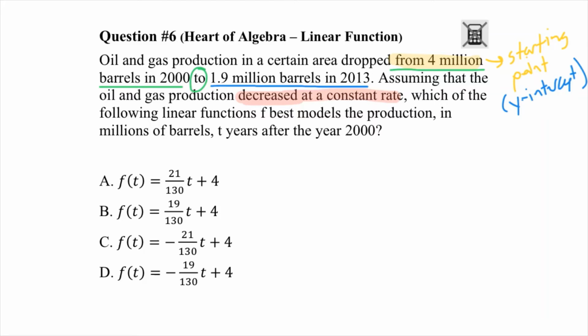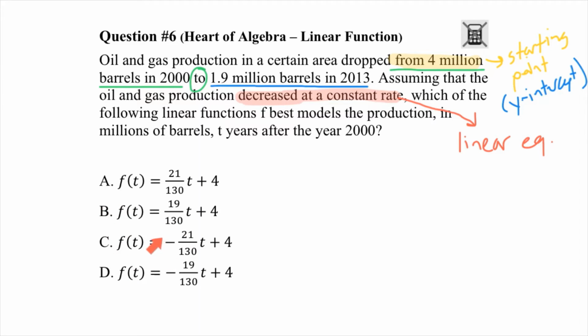Okay, constant rate is also very important. So if you have constant rate, you have a linear equation. Don't forget that. If you see constant rate in a question, it is a linear equation.